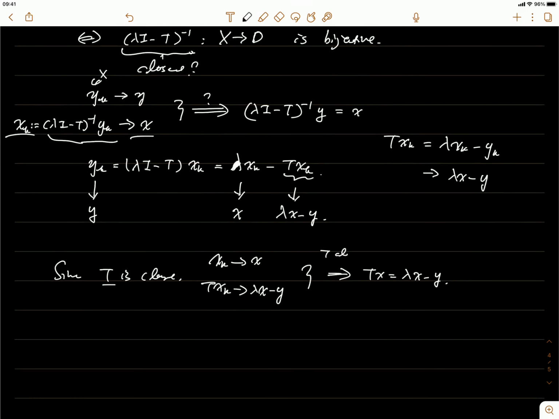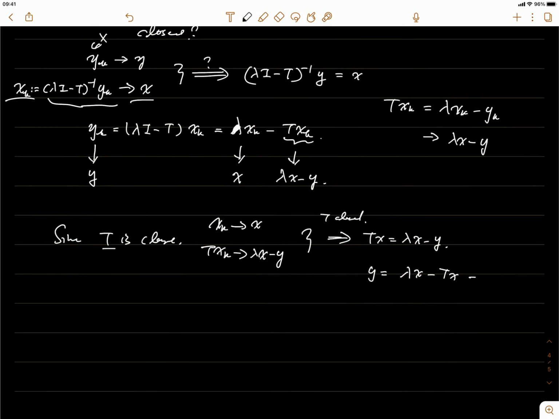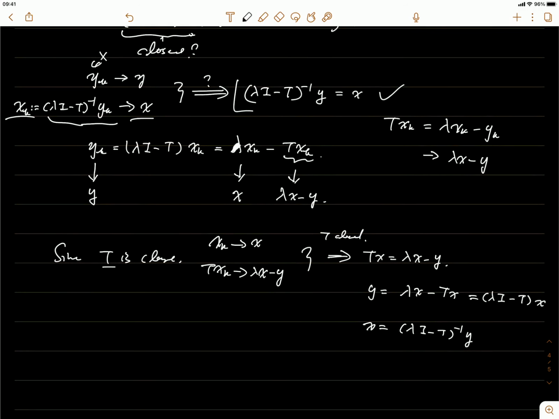And this means that y is equal to lambda x minus tx. And because lambda I minus t is invertible, a bijection, I know that x is equal to the inverse of lambda I minus t times y. And that is what we wanted to show right here.